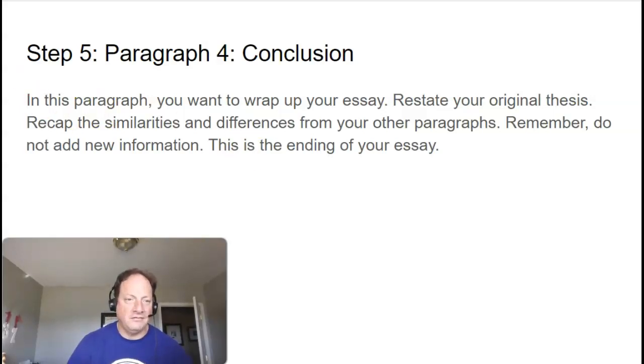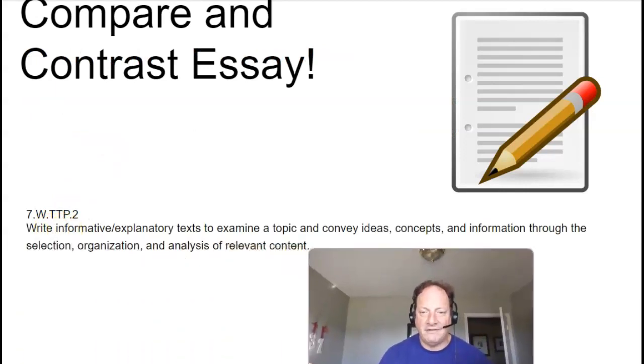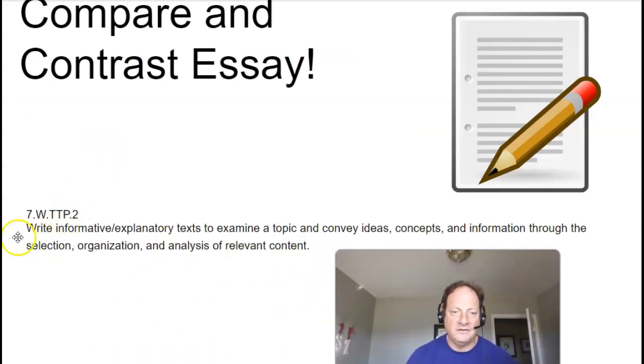So again, to refresh today, we've talked about this standard 7WTTP2, write informative explanatory text to examine a topic, convey ideas, concepts, and information through the selection, organization, and analysis of relevant content.